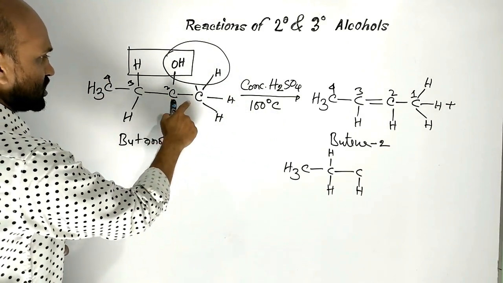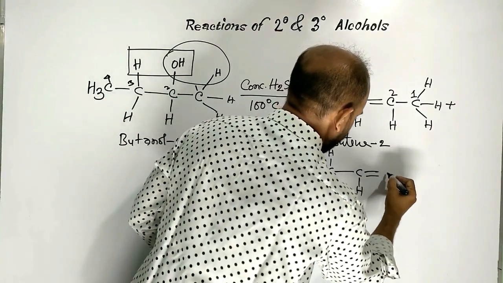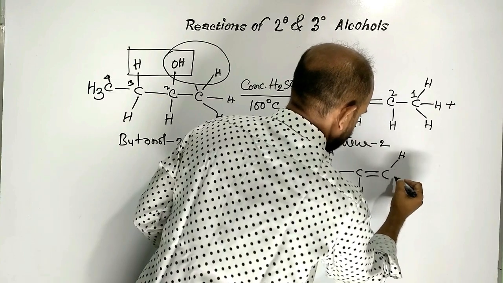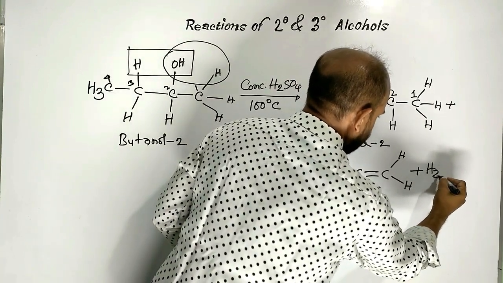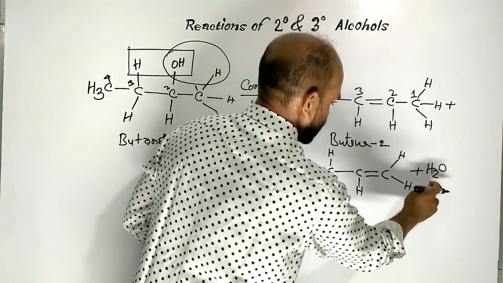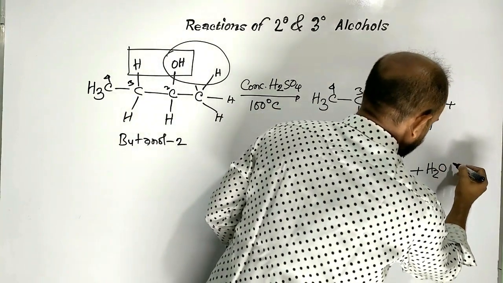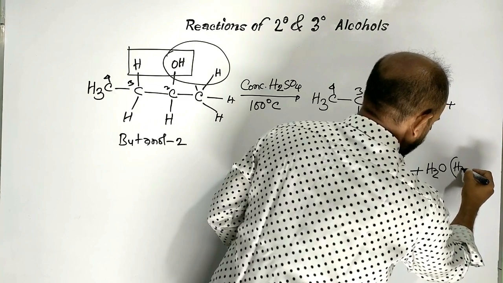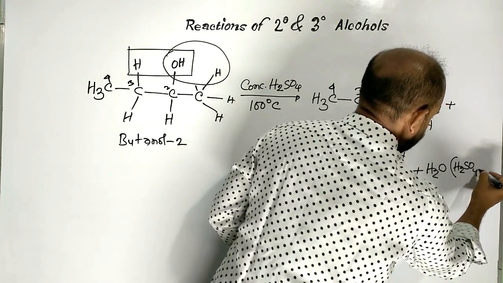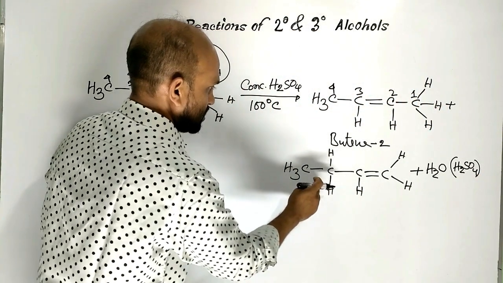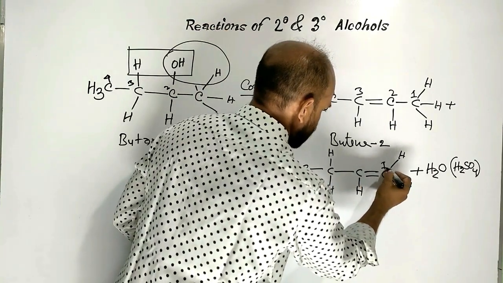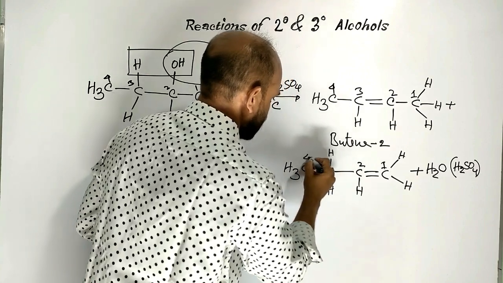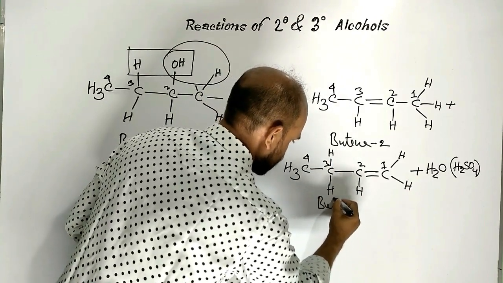This carbon-carbon single bond turns into carbon-carbon double bond, and water gets free as byproduct, which is taken out by sulfuric acid. The name of this product is butene 1 or 1-butene.